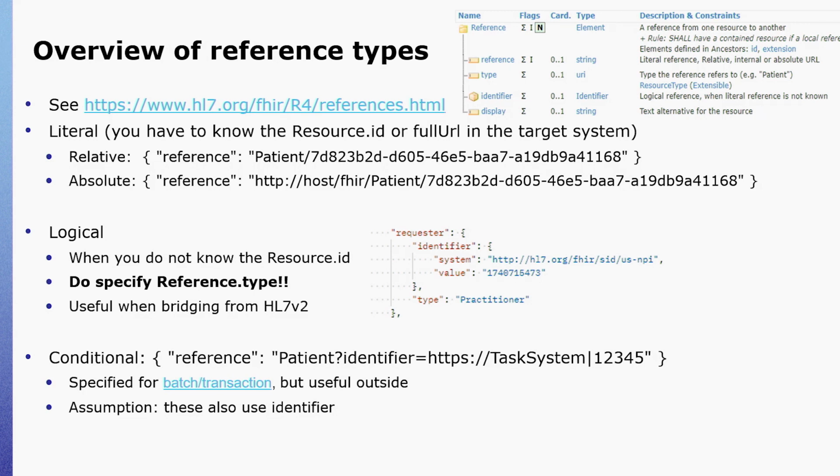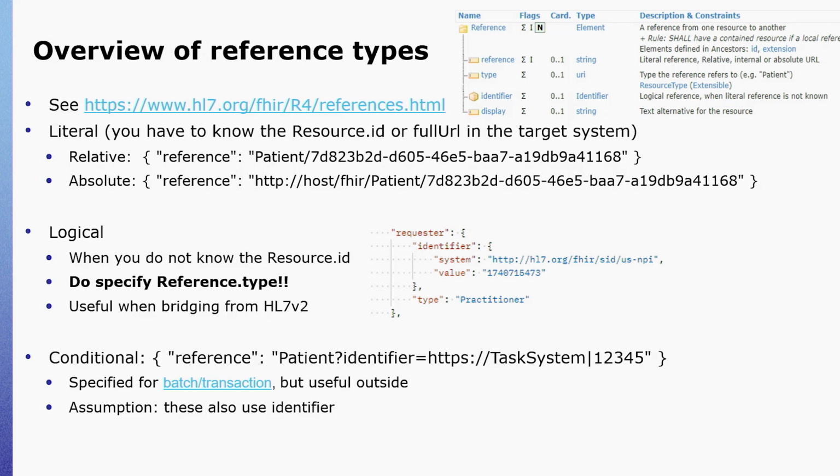There are cases where the identifier may not point to a unique resource type, and if the reference can point to multiple resource types, you have to specify the reference.type. This was added in R4. It makes it less ambiguous to specify the type.